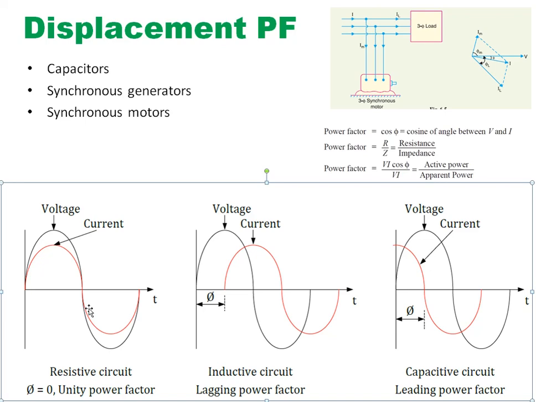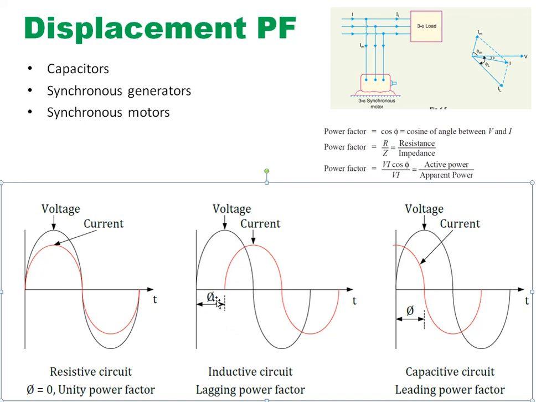For example, a motor is definitely an inductive load. In that case, with the supply voltage we are supplying, the current drawn by the motor will be lagging, not in phase with the voltage. Here it is shown lagging by phi.